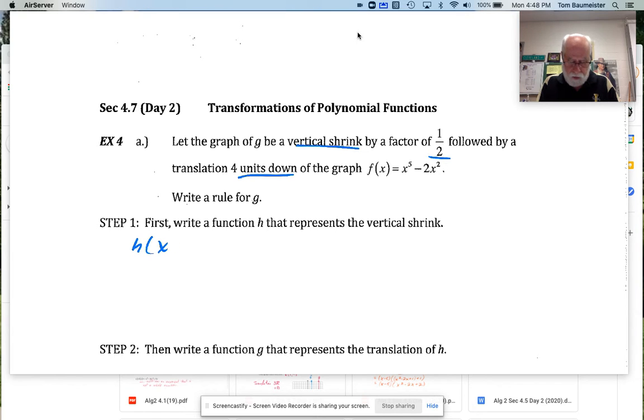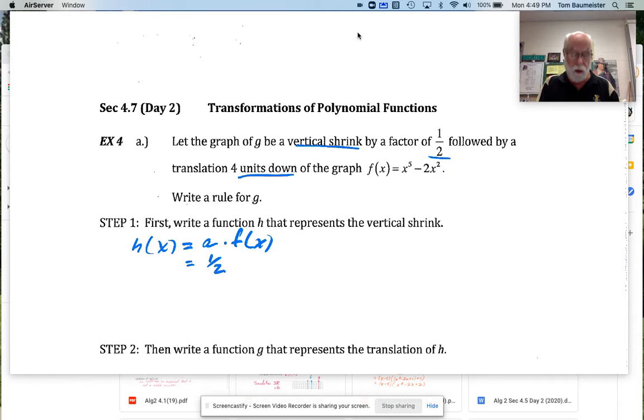So we're going to say h of x is equal to, now remember, if it's a vertical shrink, it's on the outside. So we're going to say a times f of x. If that's the case, our factor stays the same because it's vertical, not horizontal.